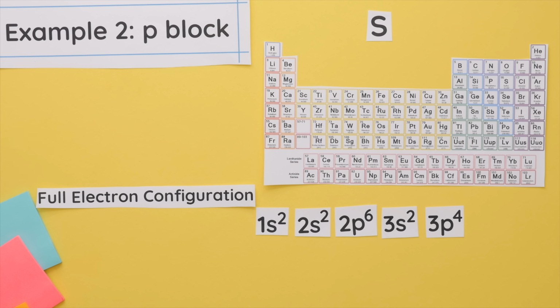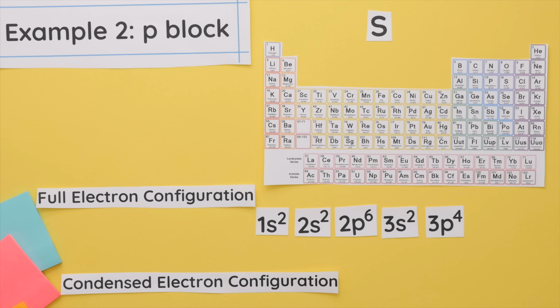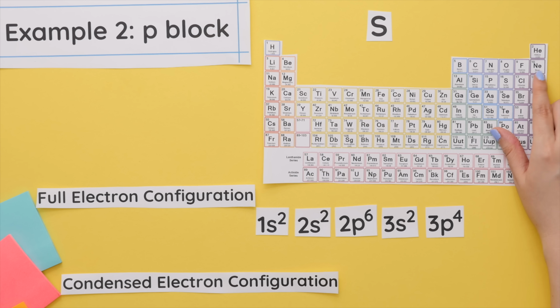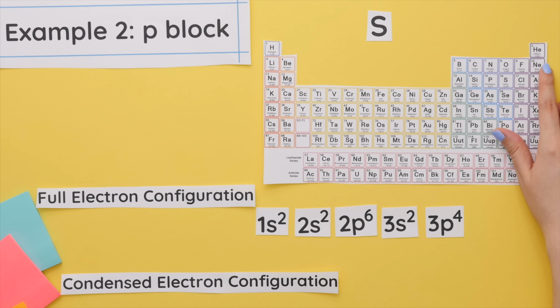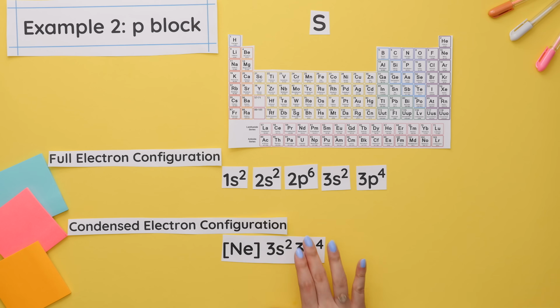There is an abbreviated shorthand or condensed electron configuration that you will need to know how to find. Let's find it for sulfur. We always use the noble gas that is in the row before the element we are looking for. In this case, it's neon, and we place the noble gas in brackets.